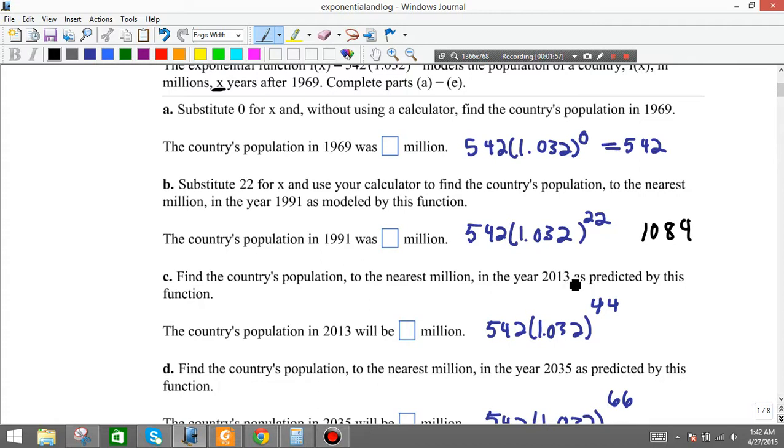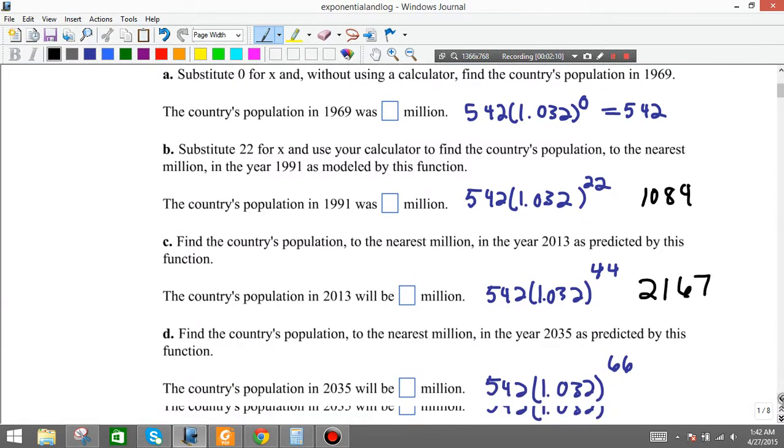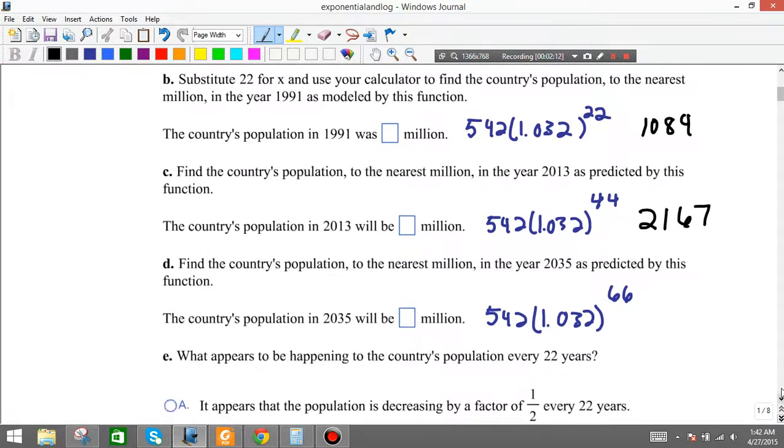In 2013, that's 44 years. So in the calculator, that's about 2,167 million. Rounding correctly. And then if you put in for 2035, that's 66 years. That's 4,300.